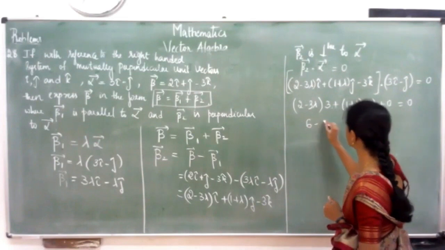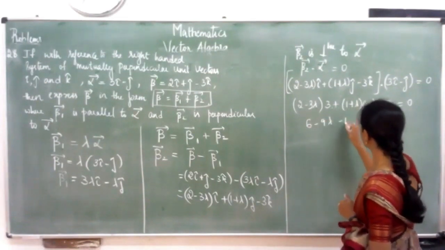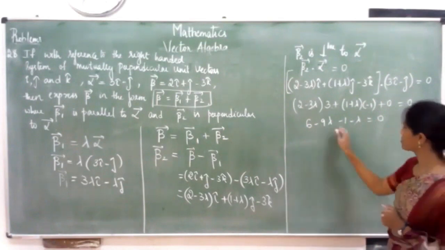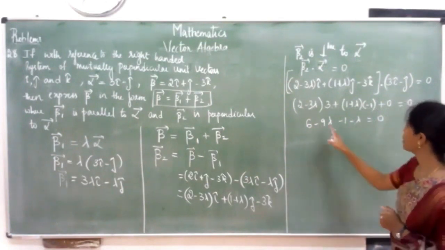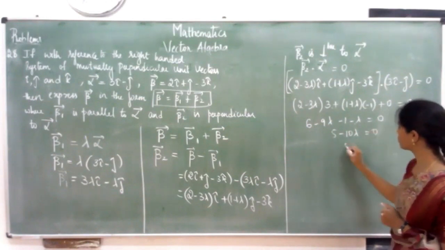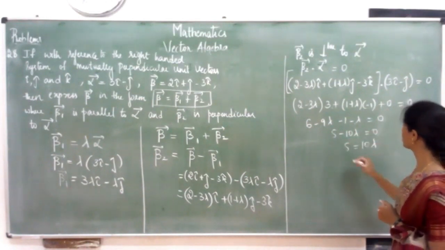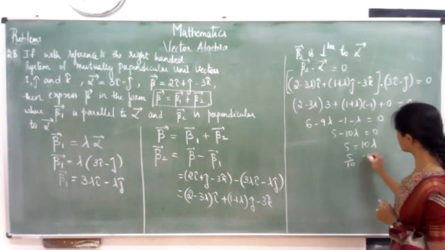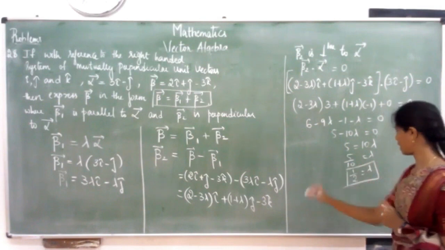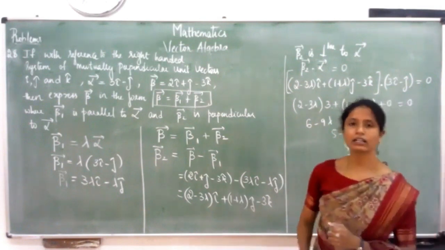This becomes 6 minus 9 lambda minus 1 minus lambda is equal to 0. 6 minus 1 is 5, and minus 9 minus 1 is minus 10 lambda. We need to find the value of lambda. Therefore, 5 by 10 is equal to lambda, meaning 1 by 2 is equal to lambda. We found the value of lambda.